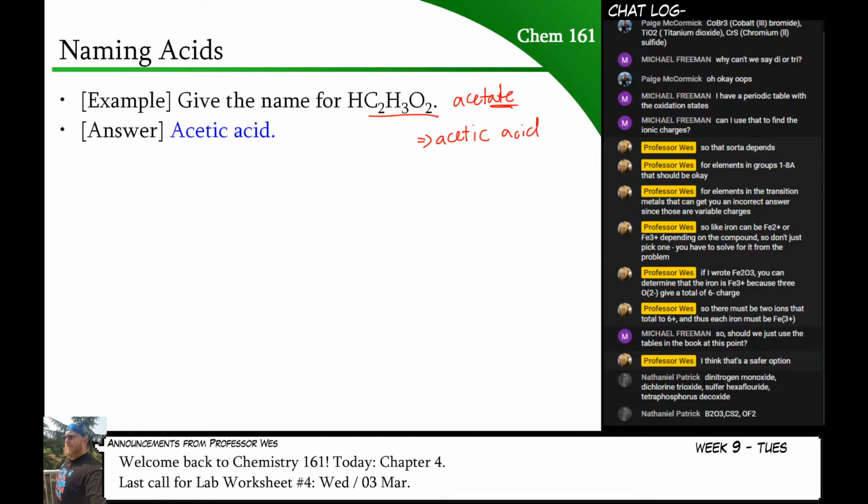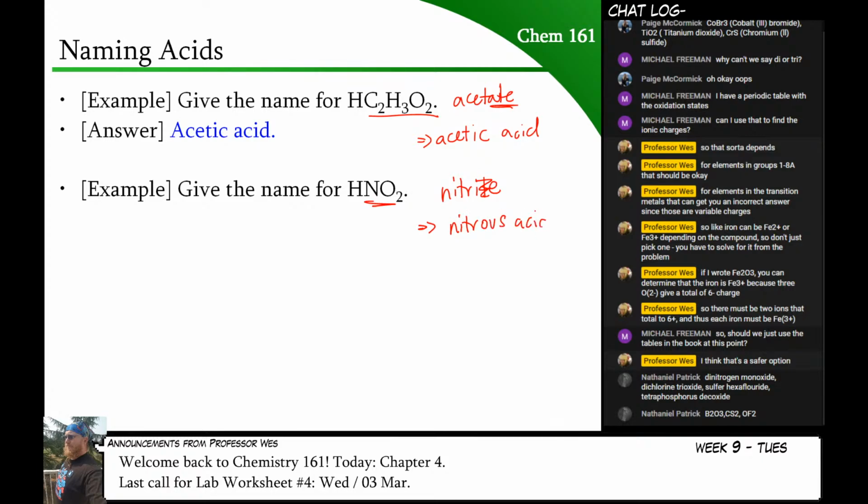So this is acetic acid. How about this one? What is this right here? This is nitrite. We get rid of the "ite", and we add "ous" to it. Acid. So this is nitrous acid.